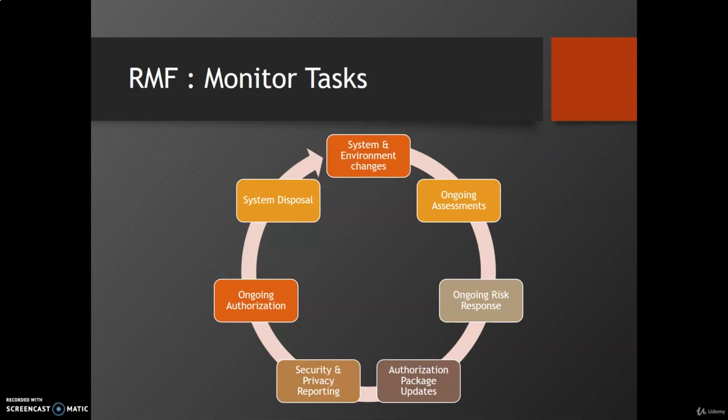Now let's look into the first task, which is about system and environmental changes. Here it is talking about monitoring the information system and its environment of operation for changes that impact the security and privacy posture of the system. Systems and environments of operation are in a constant state of change, which occurs in the technology or machine element, human element, and physical or environmental element.